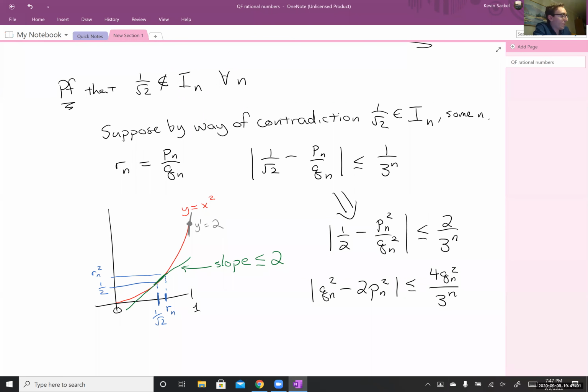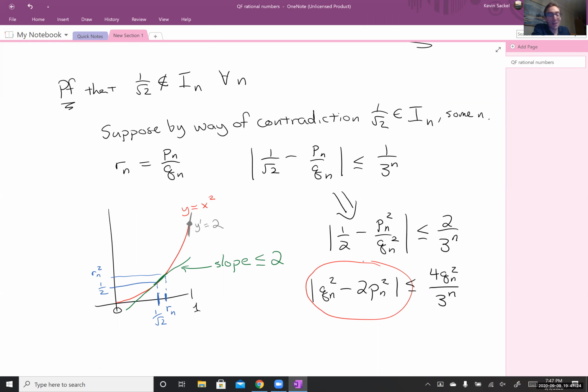Now let's think about this quantity, the absolute value of Qn squared minus 2Pn squared. First of all, clearly it's an integer. Secondly, since the square root of 2 is irrational, this number is non-zero.